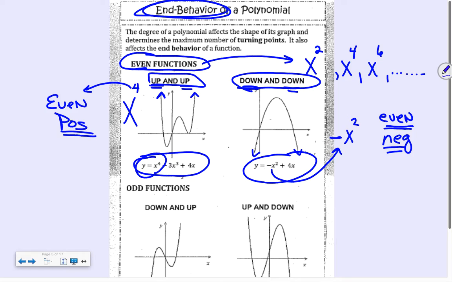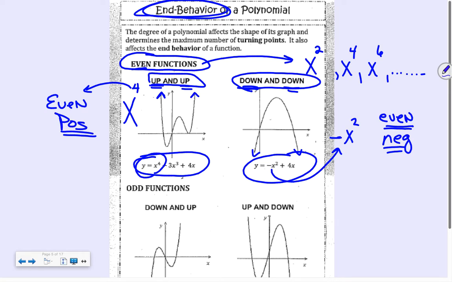It's got to be even. Evens go up, up, or they go down, down. Now, how do I know if they go up, up? They got to be positive, like x to the 4th. How do I know if they go down, down? It's got to be negative, like negative x to the 2nd.